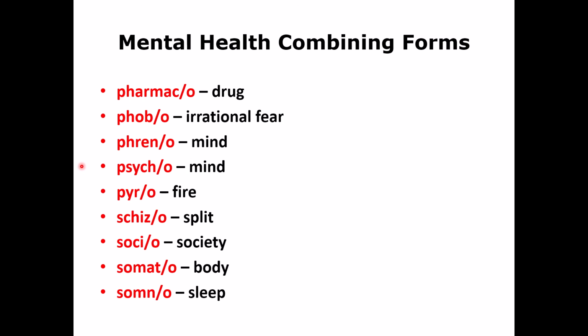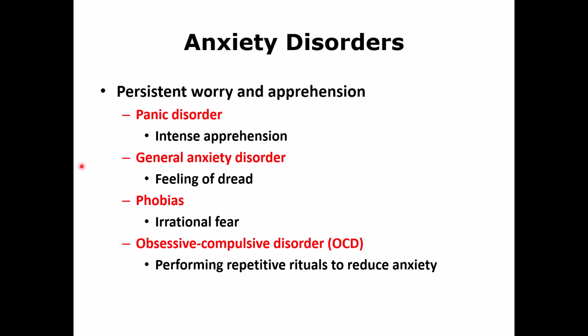So you can read these parts yourself. Let's start with anxiety disorder. With anxiety, there is a high level of stress, and the person is worrying about the specific situation. So there are different types of anxiety disorder. One of them is panic disorder.